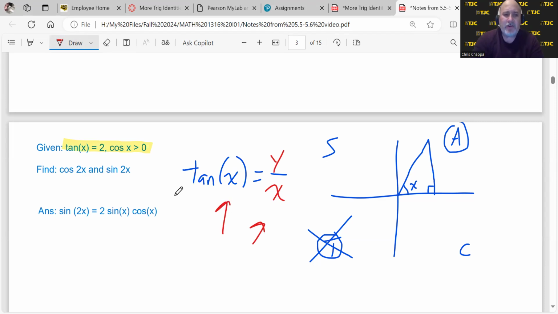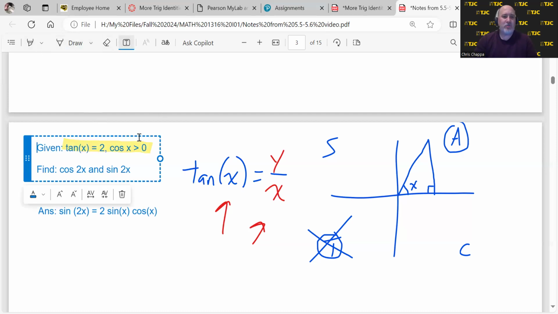Now, if using one letter in multiple capacities in a single problem throws you for a loop, change one of the letters. The only ones I wouldn't change are x and y when they're referring to the x and y axis. I could just as easily have worked this problem if I changed the x to, say, a w everywhere I have it. It's not going to change a single thing that we do.